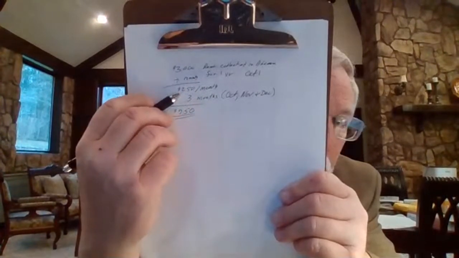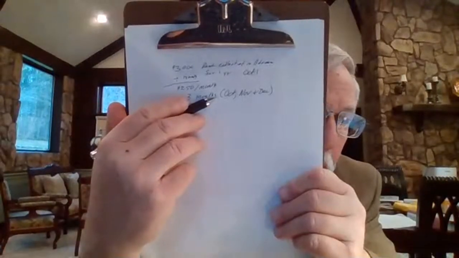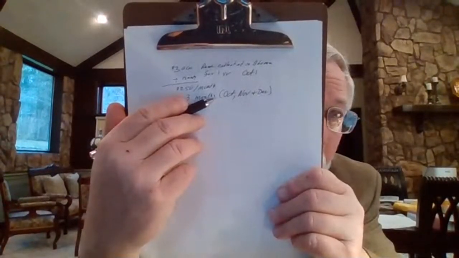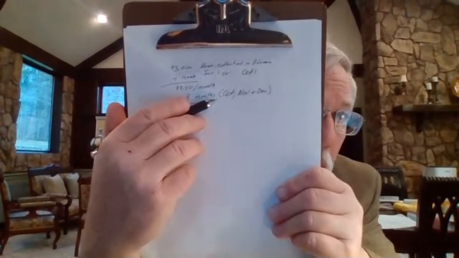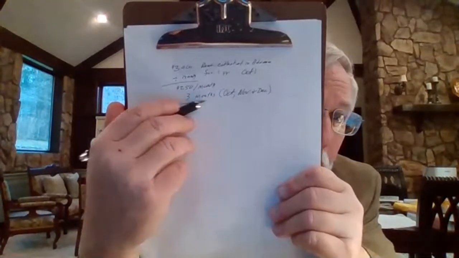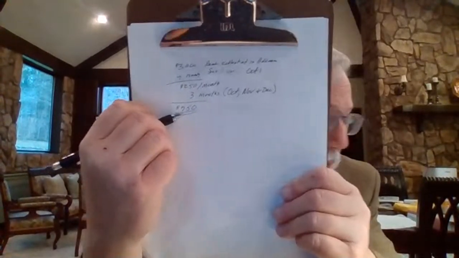Divide that by 12 months to get the monthly amount of $250. And then how much did we provide? How long did we allow them to use our property? October, November, December, it's 3 months. So we multiply the monthly amount by 3, and we get $750. That's the amount we're going to use for the adjusting entry.